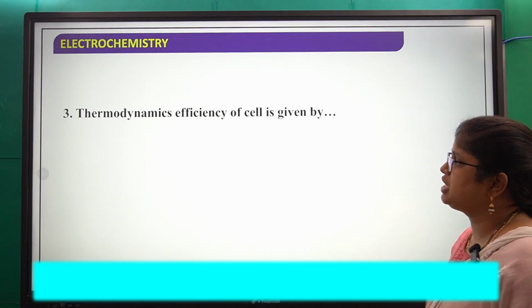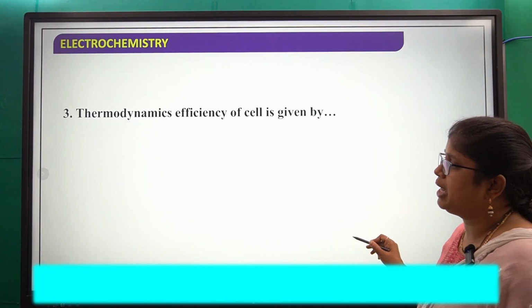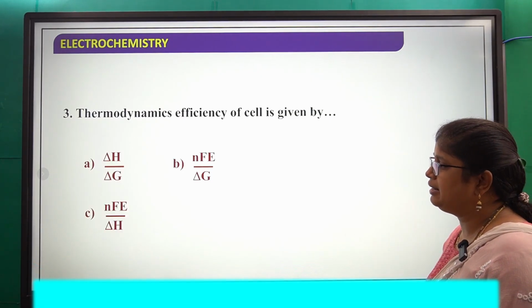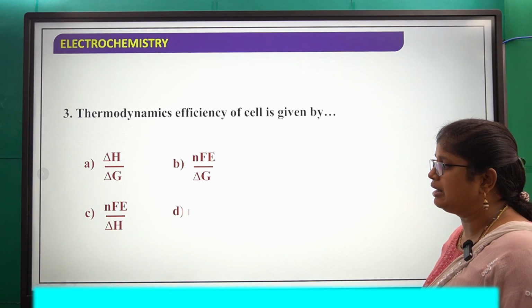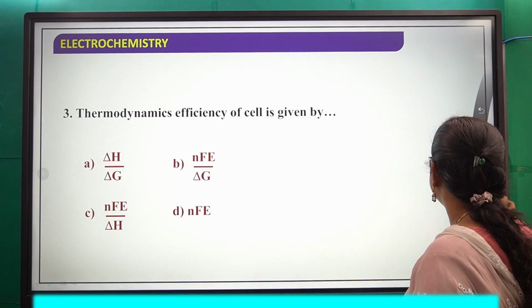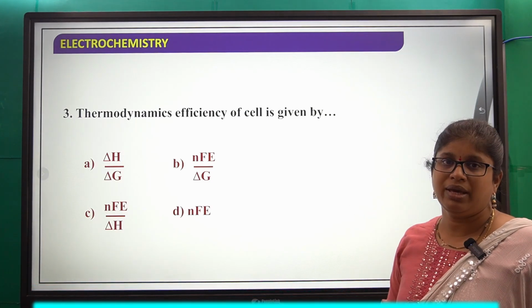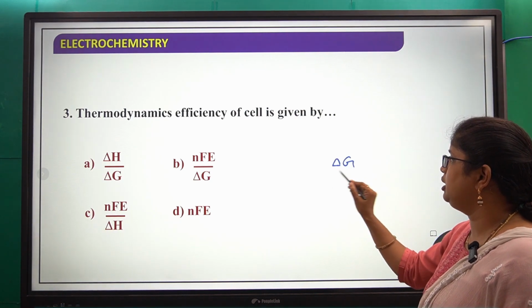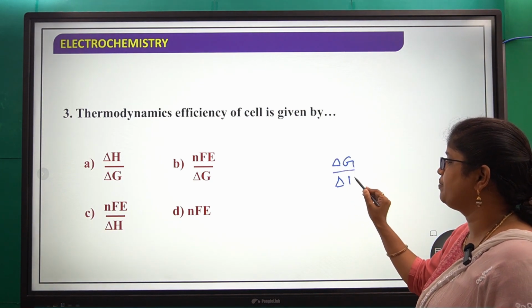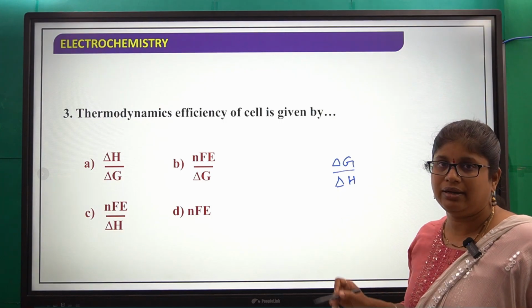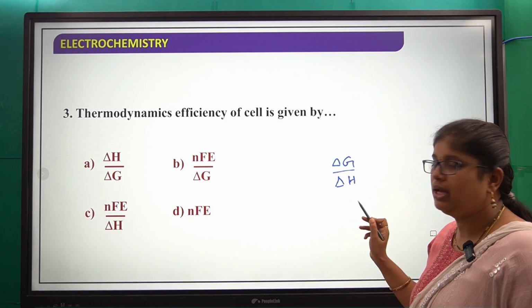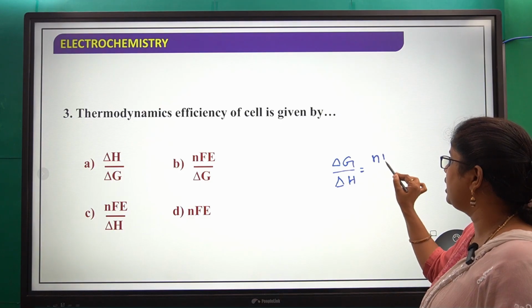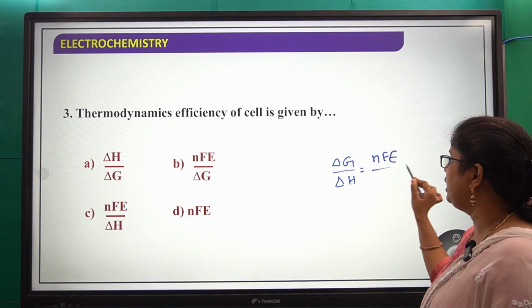Thermodynamic efficiency of a cell is given by: delta H by delta G, NFE by delta G, NFE by delta H, or NFE. We know that thermodynamic efficiency is given by delta G by delta H, the Gibbs free energy change by the enthalpy change. So what is Gibbs free energy here? NFE, right? Electrode potential.